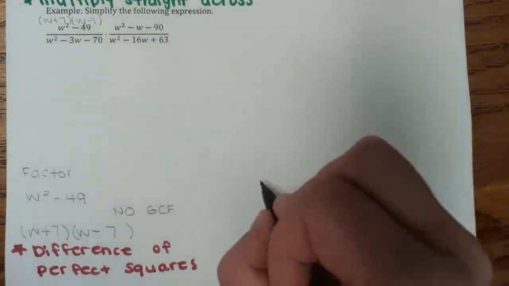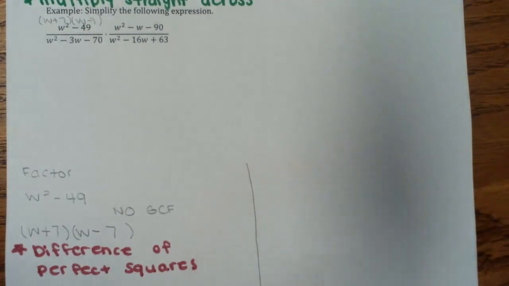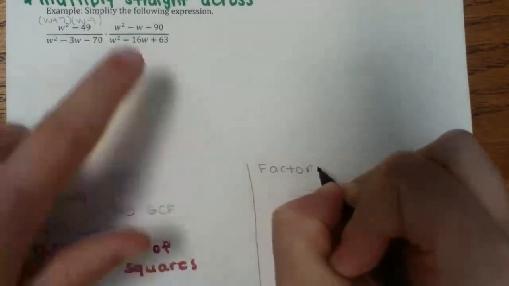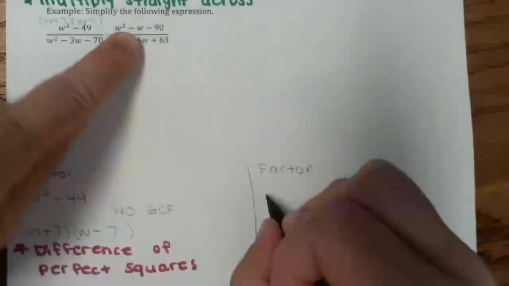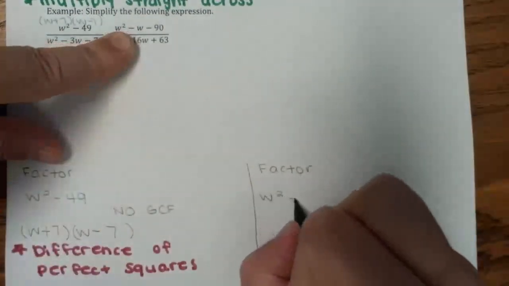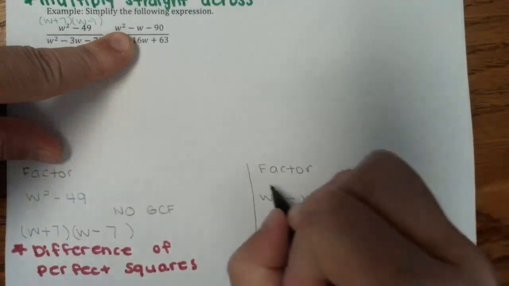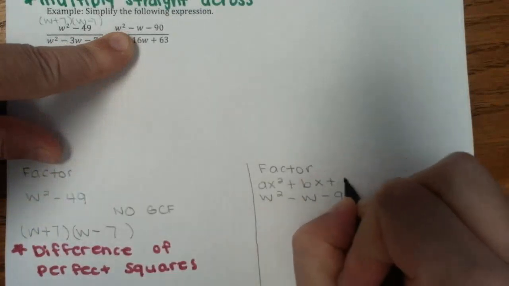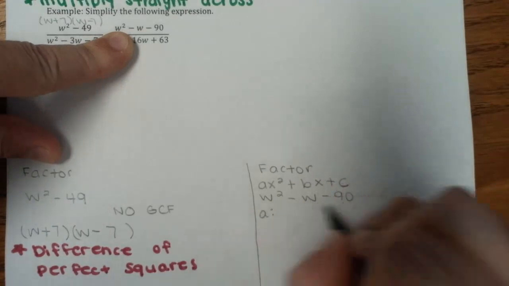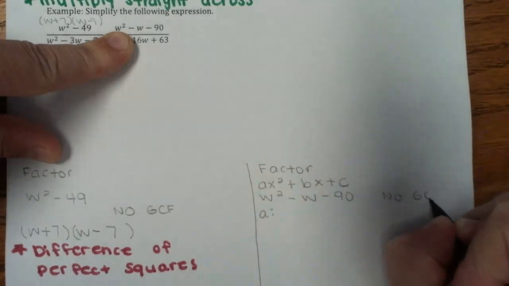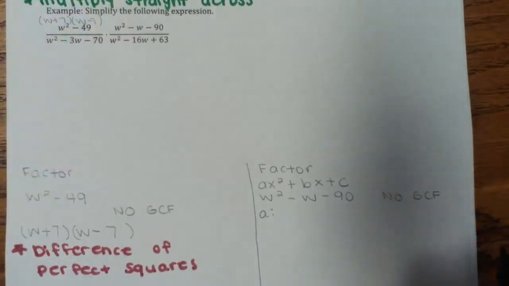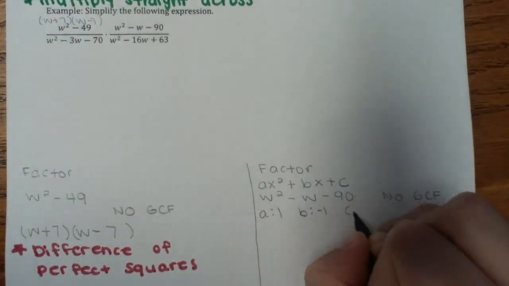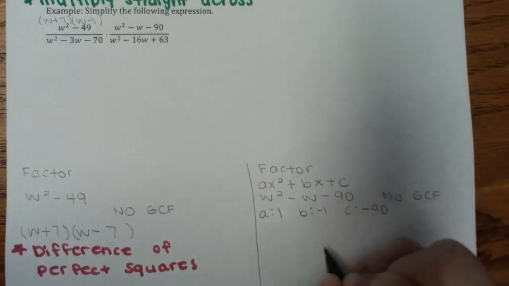All right, so next one. Again, staying super organized. Let's factor W squared minus W minus 90. Thankfully, this is in standard form of ax squared plus bx plus c. By the way, there's no GCF. But a in front of x squared is positive 1, b in front of x is negative 1, c out by itself is negative 90.